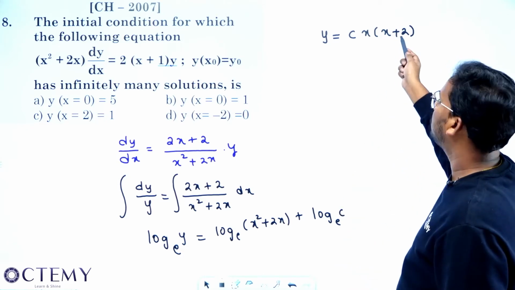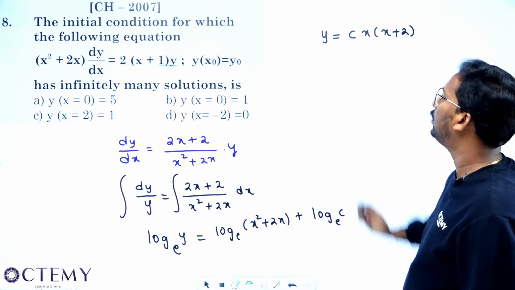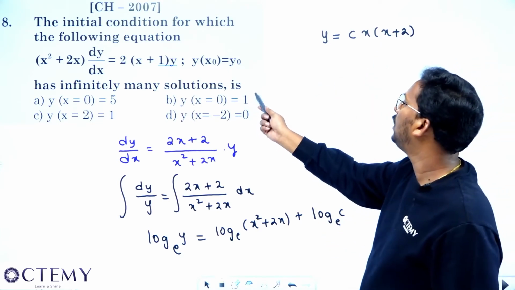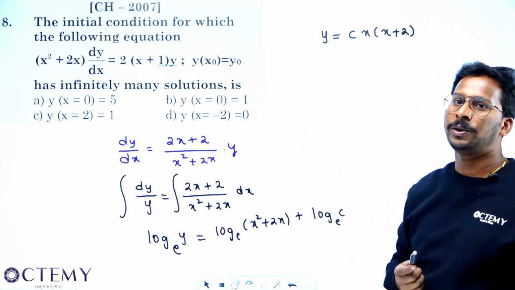Only D is satisfying. Why? If you put x equal to minus 2, y comes to be 0. Or in option B, if you had given y as 0, then option B would also have been correct.